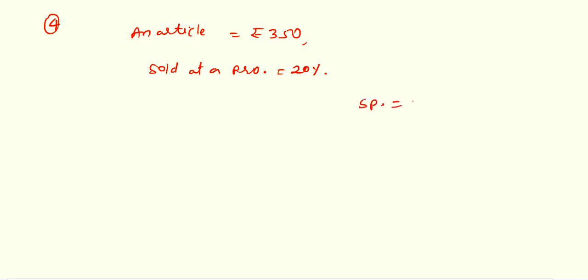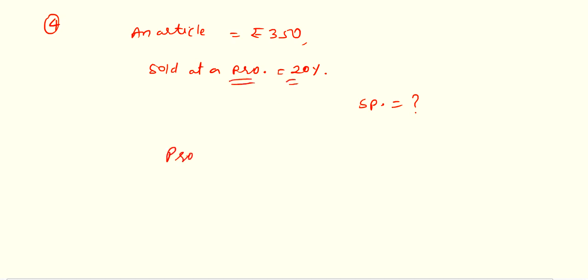Then question number 4. An article bought for rupees 350 and is sold at a profit of 20%. Find its selling price. This question is same as question number 2 second. In this case profit percent is given to you.